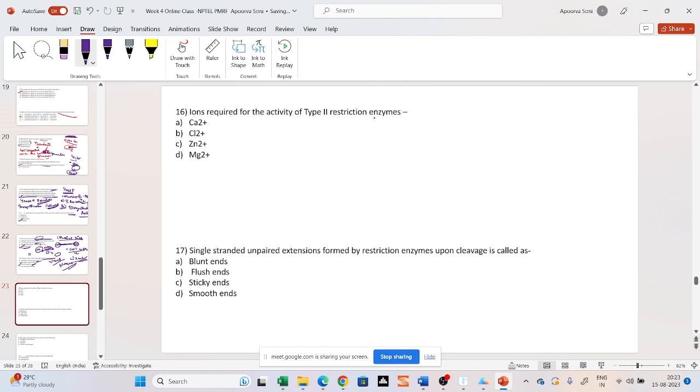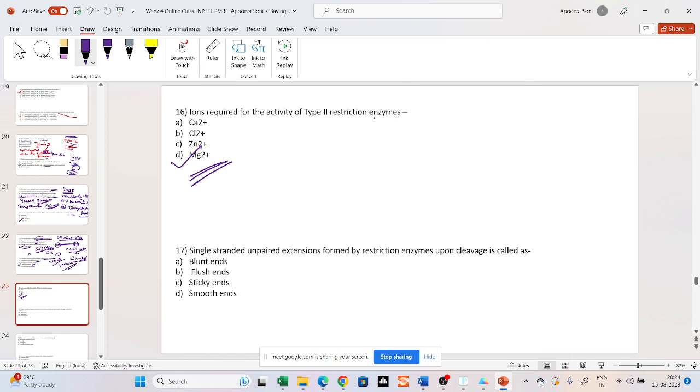So the answer is D, Mg2 plus. You have to read it. Single stranded unpaired extensions formed by restriction enzymes upon cleavage are called what? Tell me. Single stranded unpaired extensions. What are these?